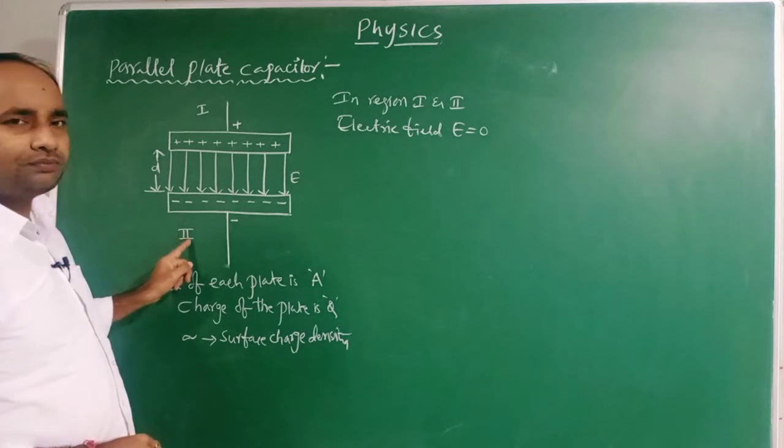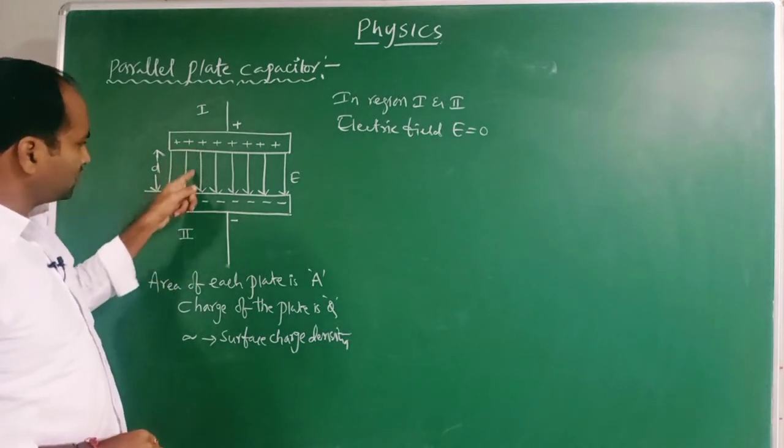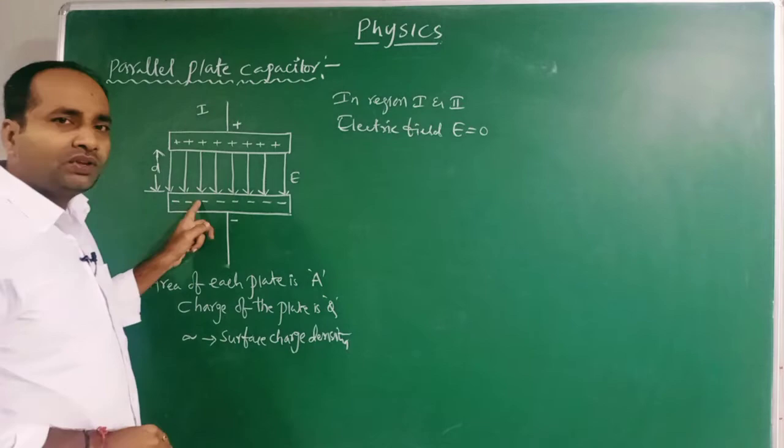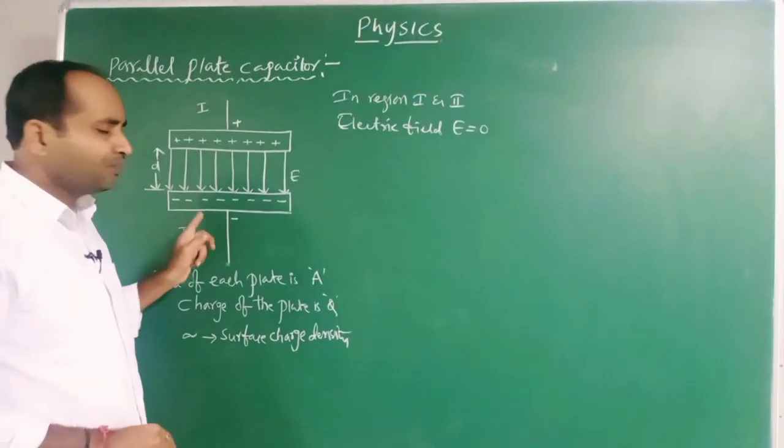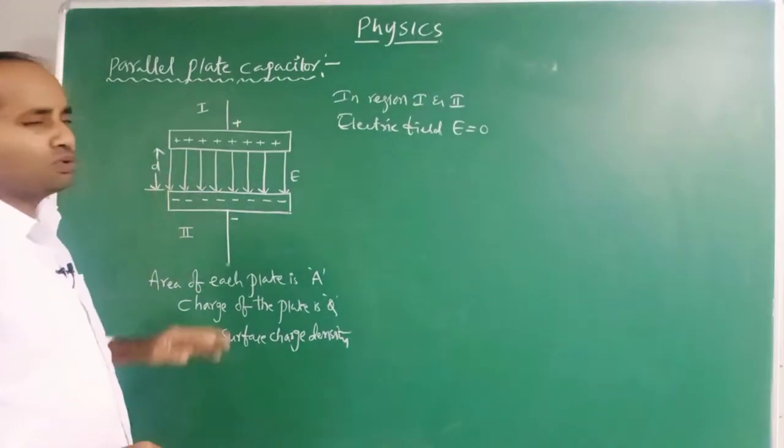In region 2, below the second plate, again the two are equal and opposite and cancel.